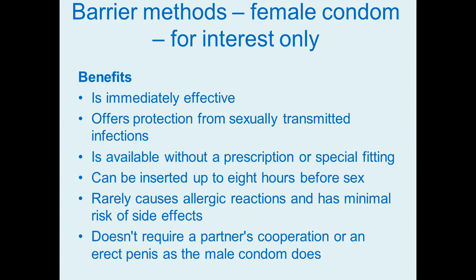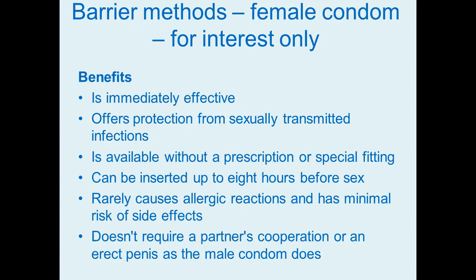It can be inserted up to 8 hours before sex. This is important in a situation where a female is protecting herself from potential sexual abuse, for example. If she's going into an area where she feels she is running the risk, say, of being raped, then to insert a female condom before going there is protecting herself to a certain extent.